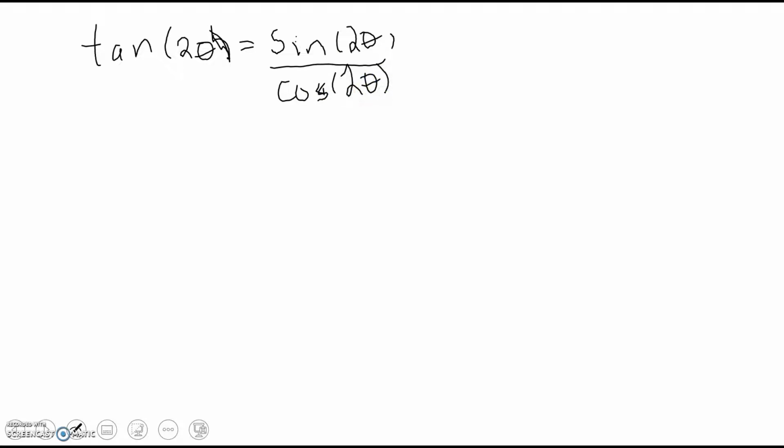And we know that the sine of 2 theta is negative 24 over 25. And we know that the cosine of 2 theta is negative 7 over 25.